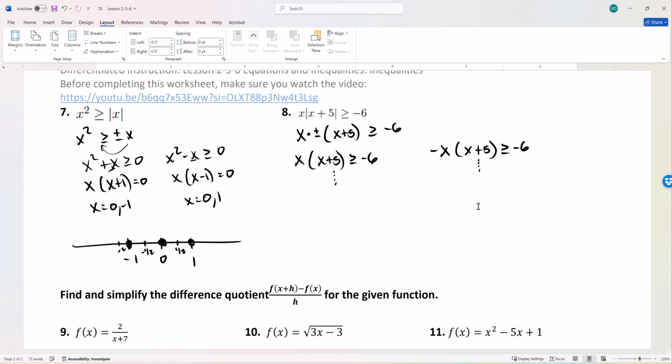So if I plugged in negative 2, negative 2 squared is 4. Is 4 greater than or equal to negative or positive 2? That is true. If I plugged in negative 1/2, negative 1/2 squared gives you 1/4. Is that greater than or equal to 1/2? That's false.